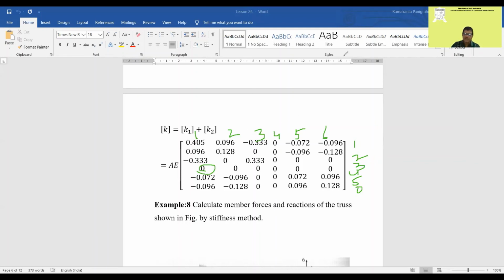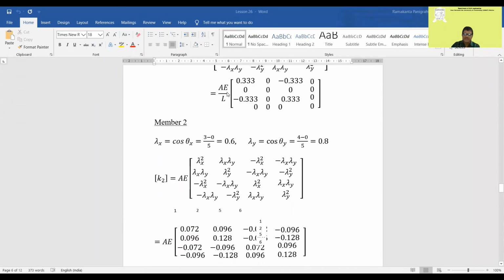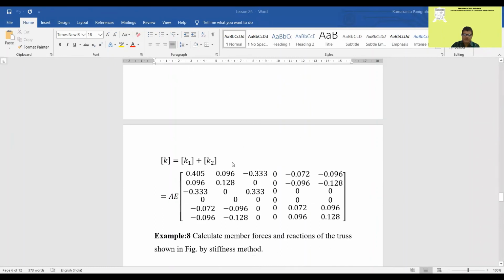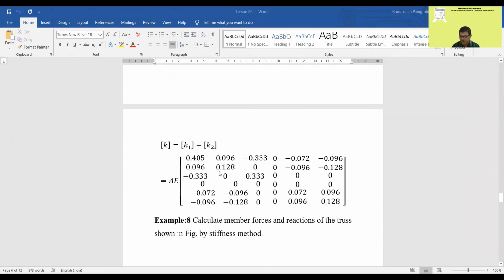It is 0 here. So K14 is 0 here. Go to the first matrix: this is K1, this is 4, K14 is 0. So it must be 0 here. Now I think you understand how to do the assembling of the matrix.